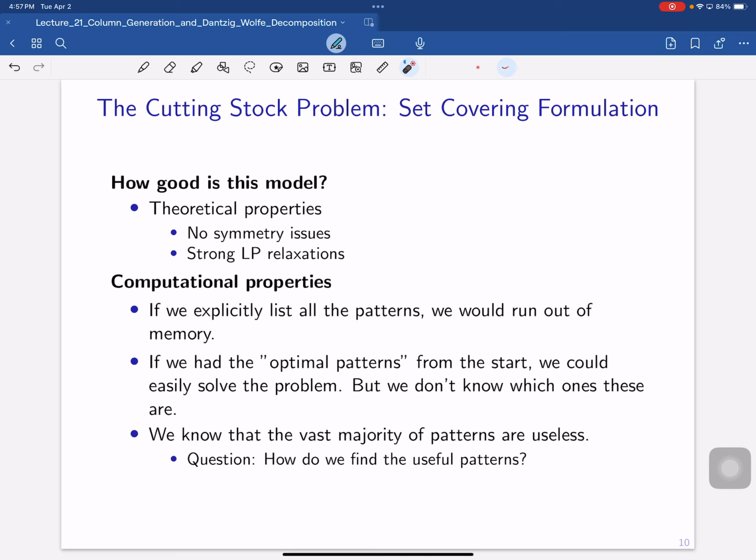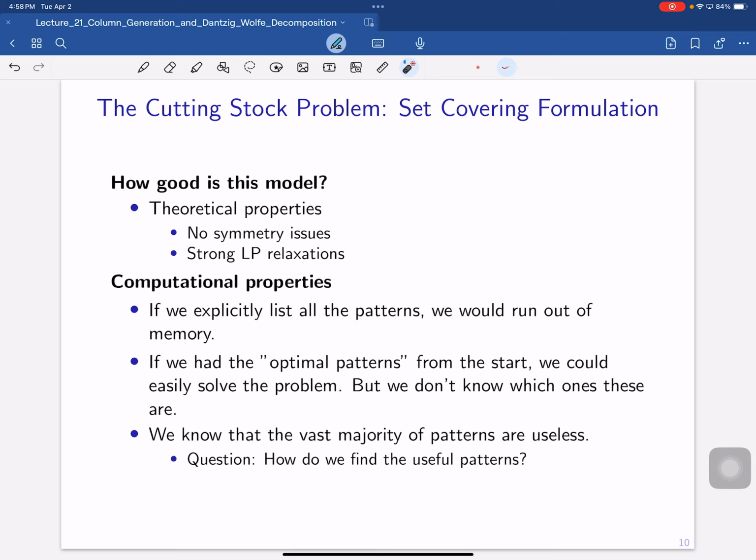But on the other hand, if we had the optimal patterns from the start, then we could terminate very fast, right? Because only the optimal patterns will be chosen. Then all the other patterns, you can just fix them as 0. You can get rid of all the other patterns and only decide how many you are going to cut from those optimal patterns. And these optimal patterns are usually very few.